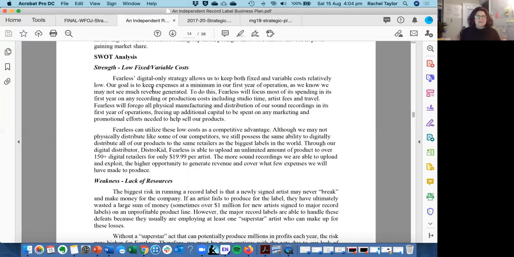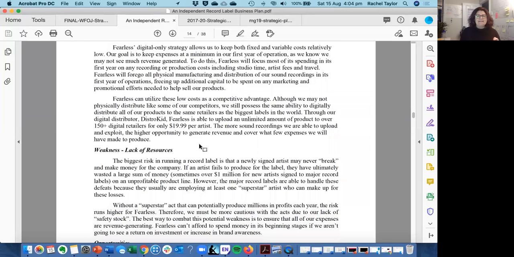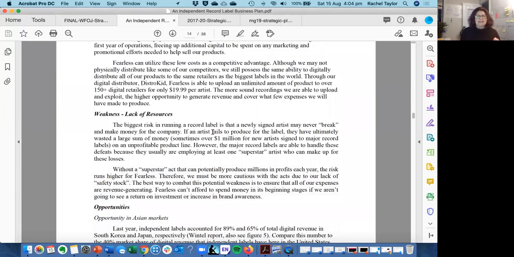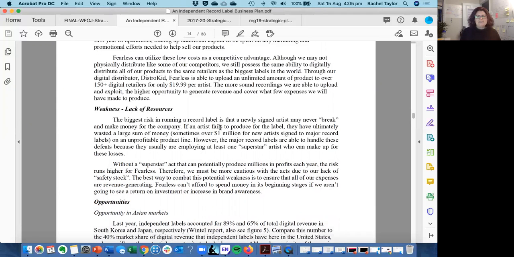It's only a couple of years old, but he's identified that his key strength is his ability to have low costs. So that's something he's considered his key competitive advantage. And he's identified his key weakness as his lack of resources, which is common and normal for a startup. As you go through this document, once it gets to the financials, you'll see that yes, he is pretty limited in resources.